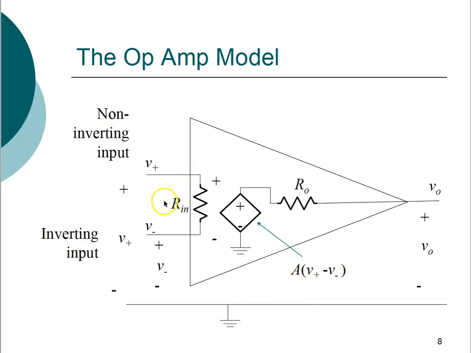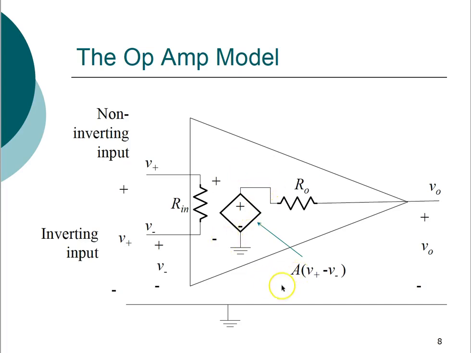And then you see the input resistance shown by this capital RIN. This RIN is your input resistance, which is very high. And then you have the output resistance, which is this R out, in series with the output voltage V0. So this is in series, and the value of this output resistance is very low.